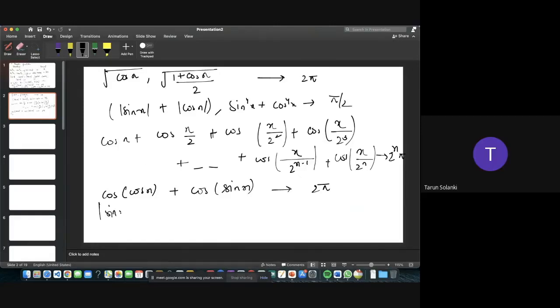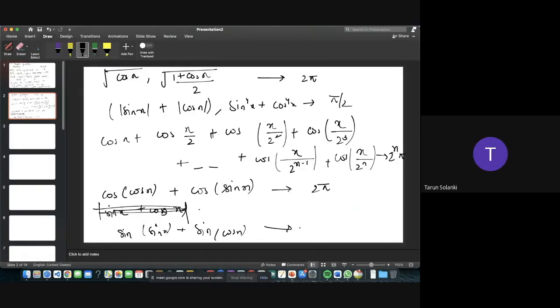Talking more, so sin x plus cos x, modulus. Wait. First, we can erase this. So, yeah, sine of this sin x plus sine of cos x.